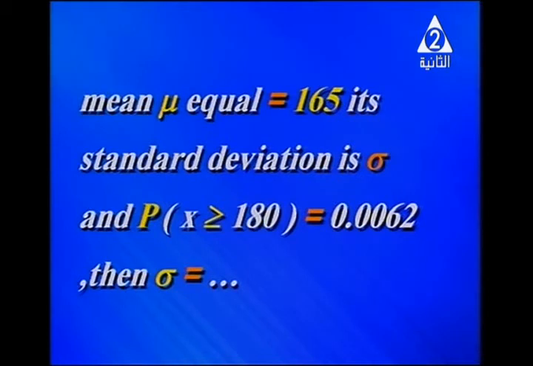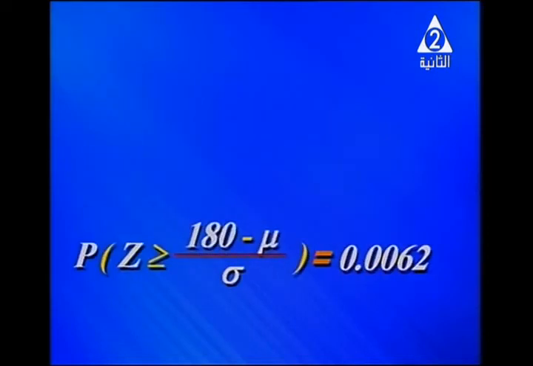Dear student, in this case we let x minus mu over sigma equal z. Then look at the probability of z more than or equal to 180 minus mu over sigma, which equals 0.0062.